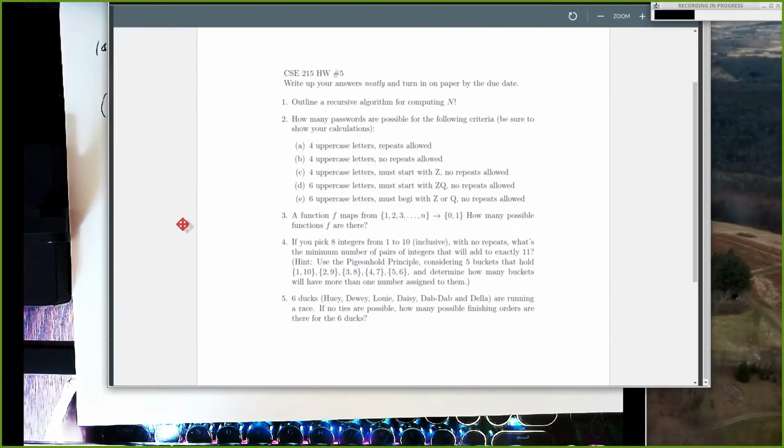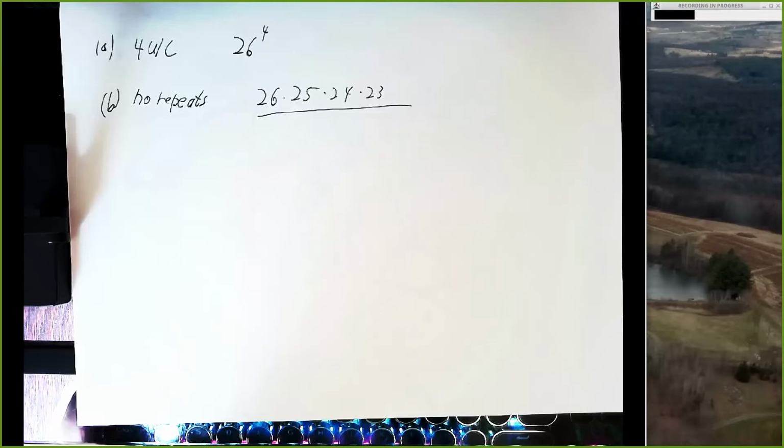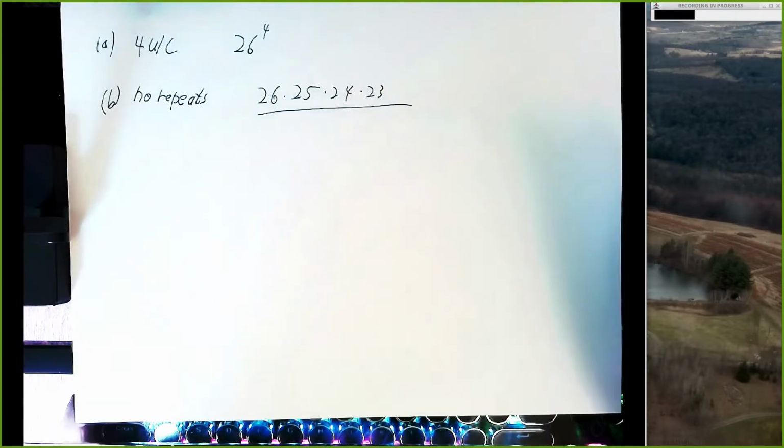That's not going to be 26 factorial, right?